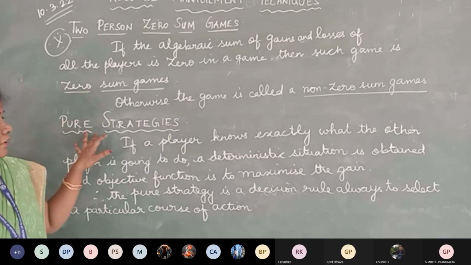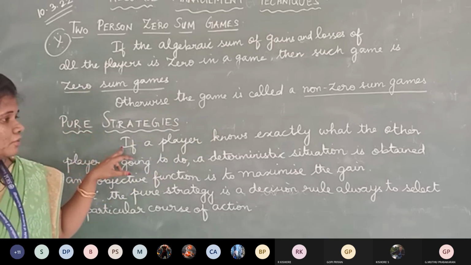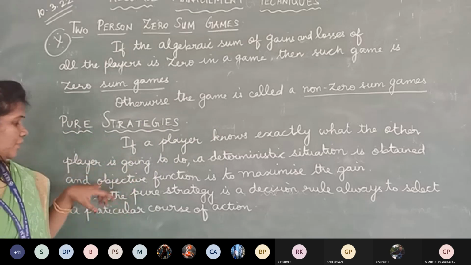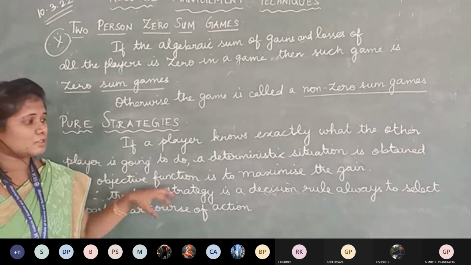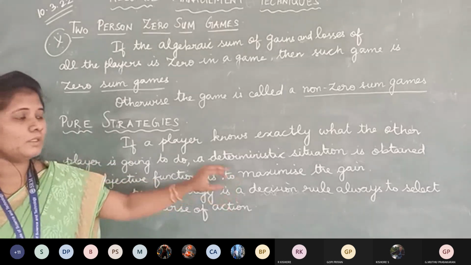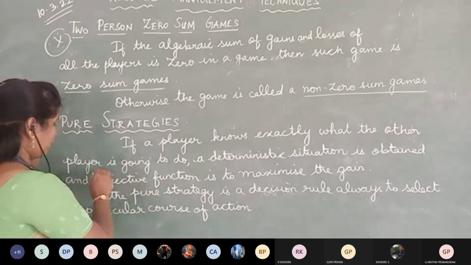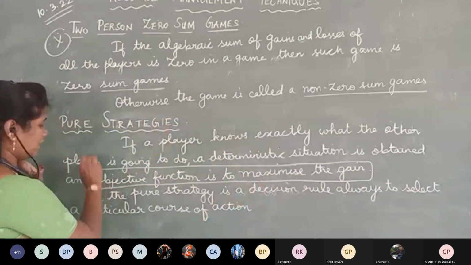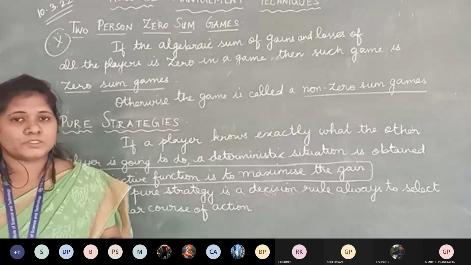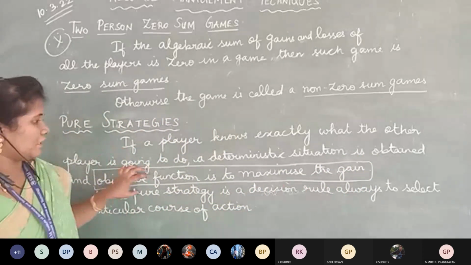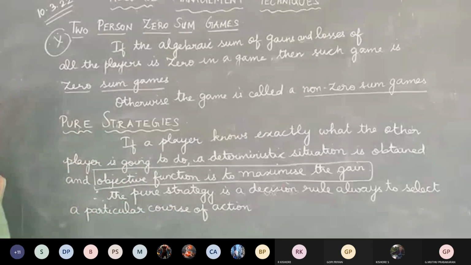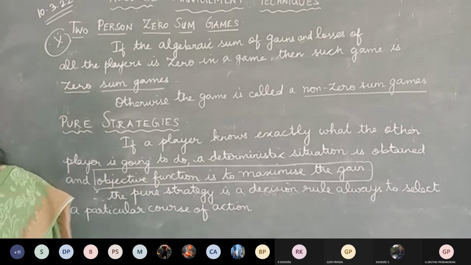You have to know what is your pure strategy. The pure strategy means if a player knows exactly what the other player is going to do, a deterministic situation is obtained where your objective function is to maximize the gain. In your pure strategy, that is the key point. Therefore, the pure strategy is the decision rule always to select a particular course of action. Next is your payoff matrix.